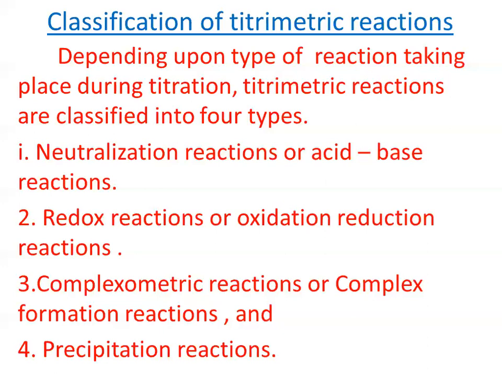Now the redox reaction, the second type of titrimetric or volumetric reactions. You know the redox reaction is a combination or sum total of oxidation reaction and reduction reaction. Hence, it is also called oxidation-reduction reaction. A reaction between potassium permanganate and oxalic acid may be taken here as an example of redox reaction.